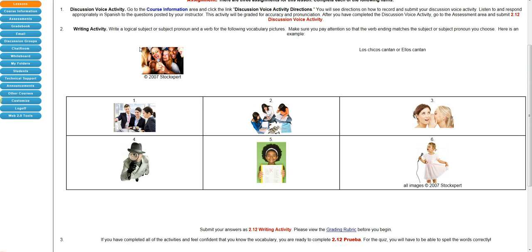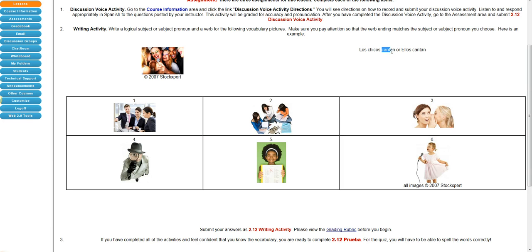For example, we've got this picture of these girls here. Actually, there's girls and boys, notice here. So we said los chicos, the boys and girls. You could also just say ellos, they, that's fine. Okay, so that's your subject.